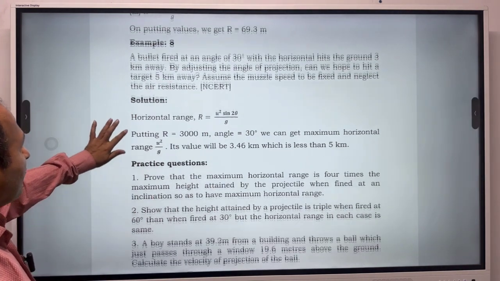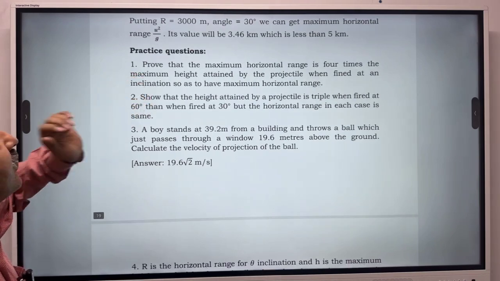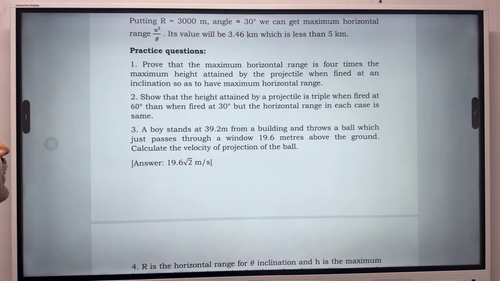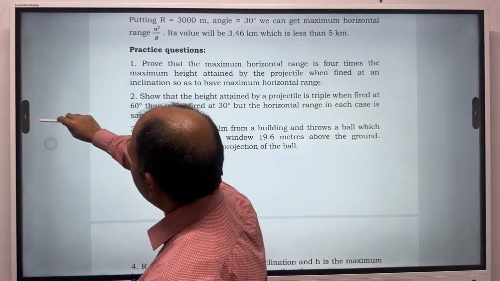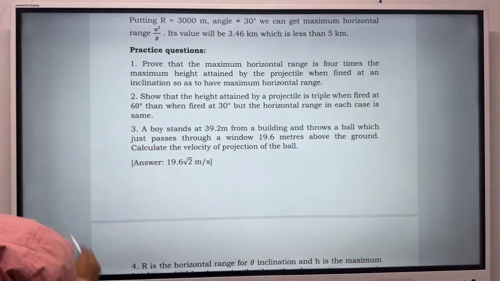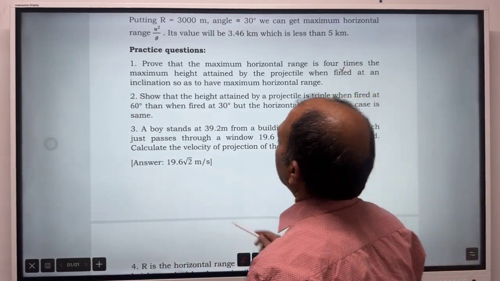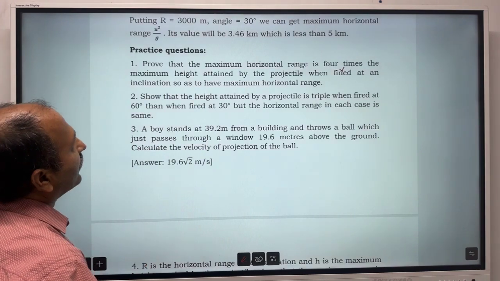Now here there is one question. Prove that the maximum horizontal range is 4 times the maximum height attained by the projectile when fired at an inclination so as to have maximum horizontal range.